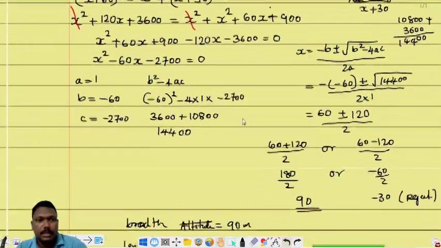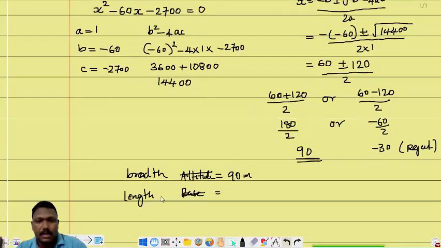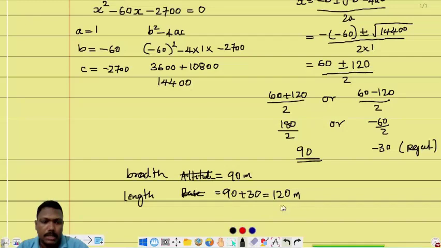It's not 60, 60 is diagonal, so it is 30 meters more than the shorter side. That means 90 plus 30 is equal to how much? Is equal to 120 meter. So the length is 120 meter, and the breadth is what? Breadth is equal to 90 meter.